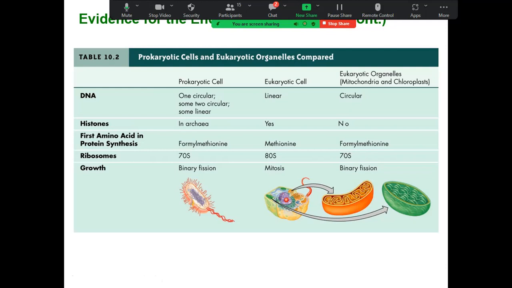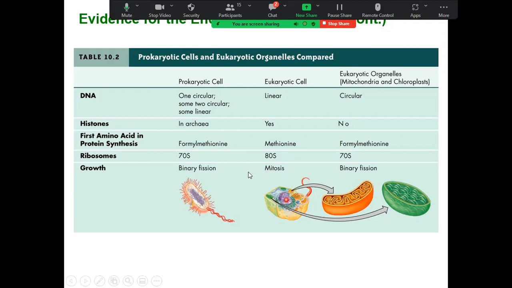When we look at the growth of the chloroplast and the mitochondria, they divide by binary fission, the same way that prokaryotic cells or bacteria cells grow. Eukaryotic cells do not grow by binary fission, they grow by mitosis.